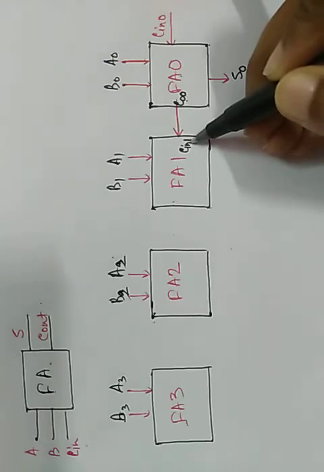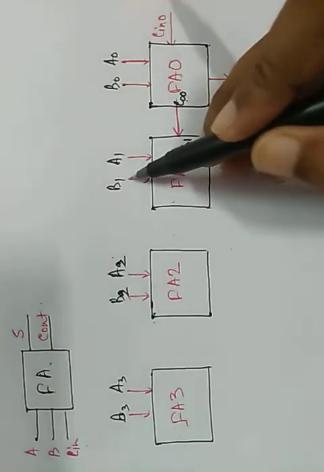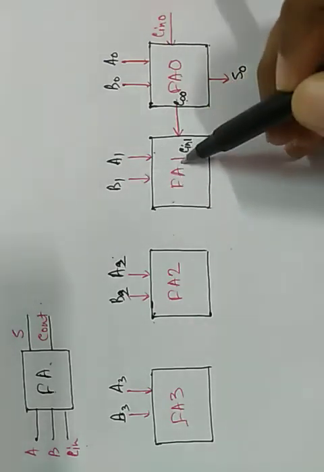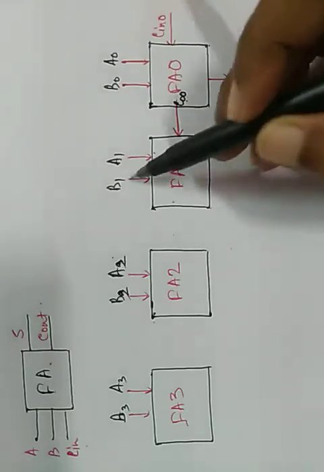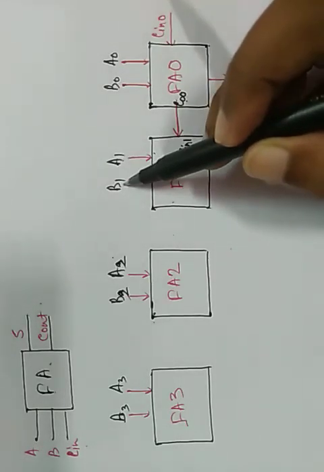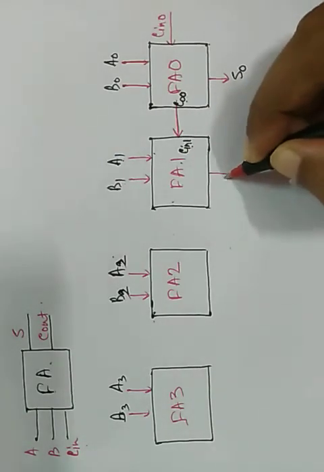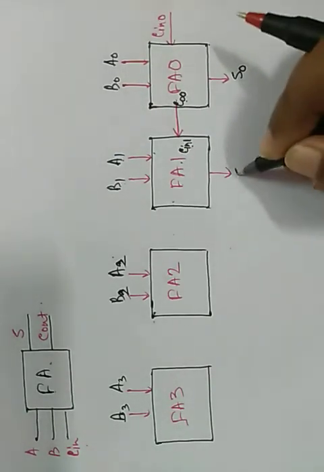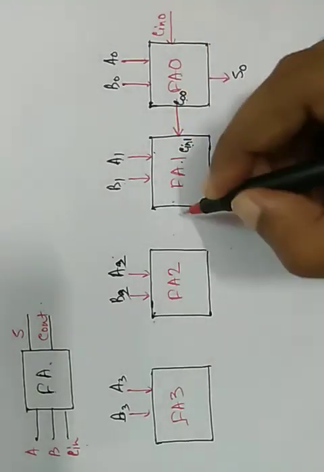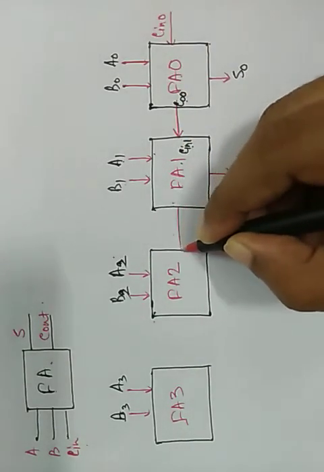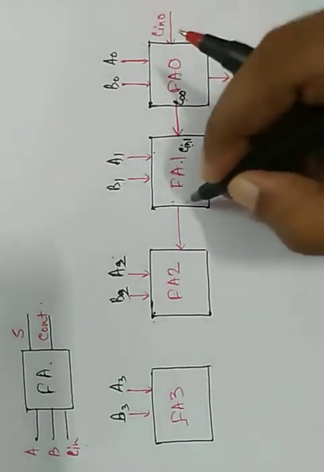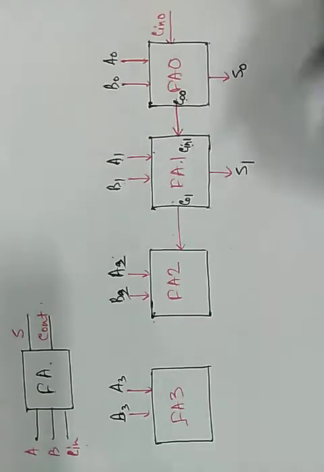So this is C in 1, and then in that case the input of this full adder is, one is C in 1, one is A1, one is B1. Again we get the output S1, and again we get its output C out 1.